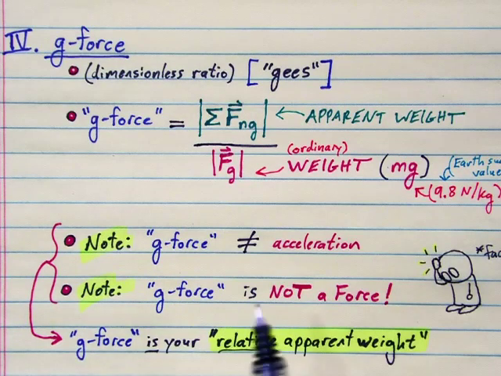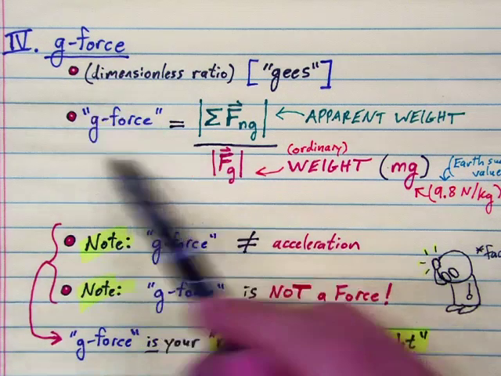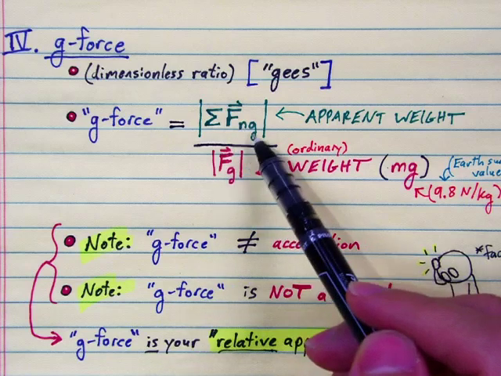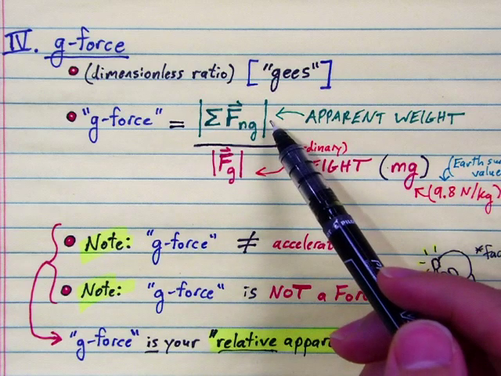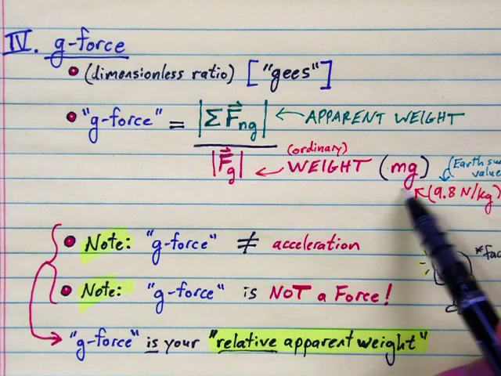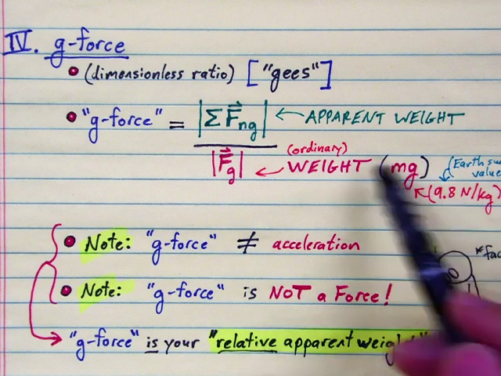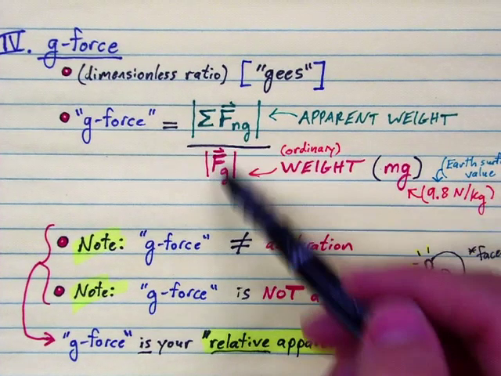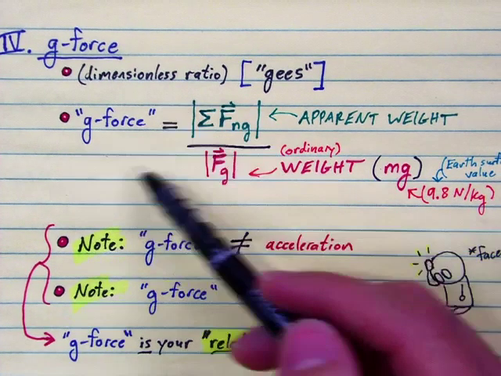And if your apparent weight is equal to your ordinary weight, you feel normal and are said to be experiencing 1 G. To convert your apparent weight to G's, just divide your apparent weight, the magnitude of the net non-gravitational force, by your ordinary weight on the surface of the Earth. So you would use 9.8 newtons per kilogram for little g, the ordinary value of little g near the surface of the Earth. That ratio is what we call the g-force.